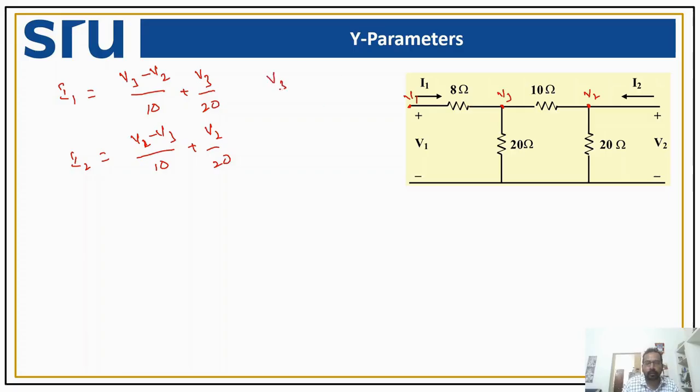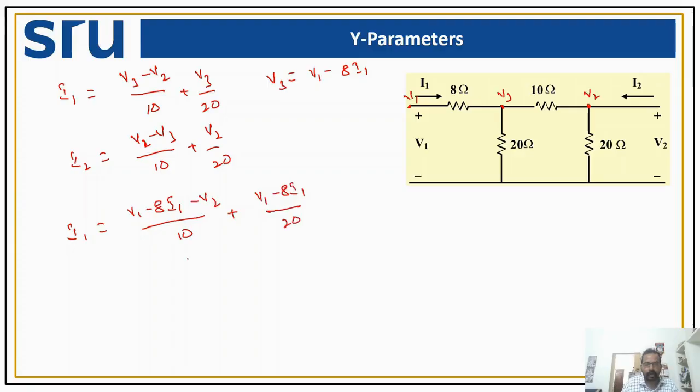So we can write my V3 as V1 minus 8 into I1. We have V1, with a voltage drop of 8 I1. If you substitute in this equation, we have I1 equal to V1 minus 8 I1 minus V2 divided by 10 plus V1 minus 8 I1 divided by 20.